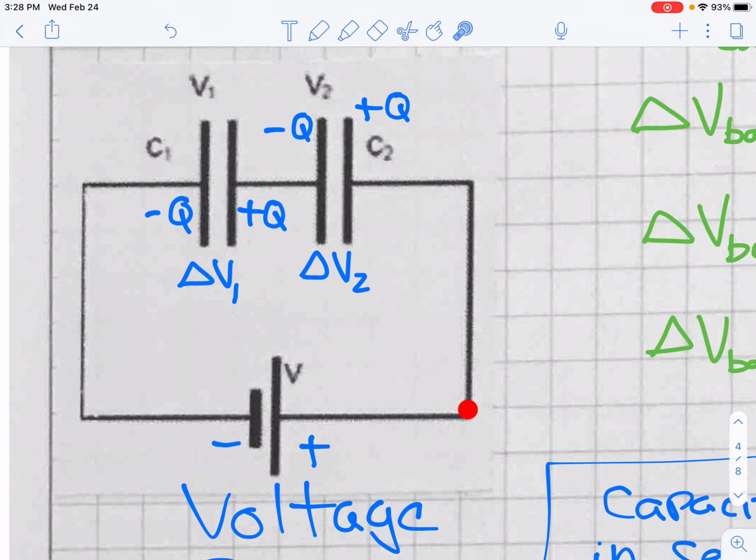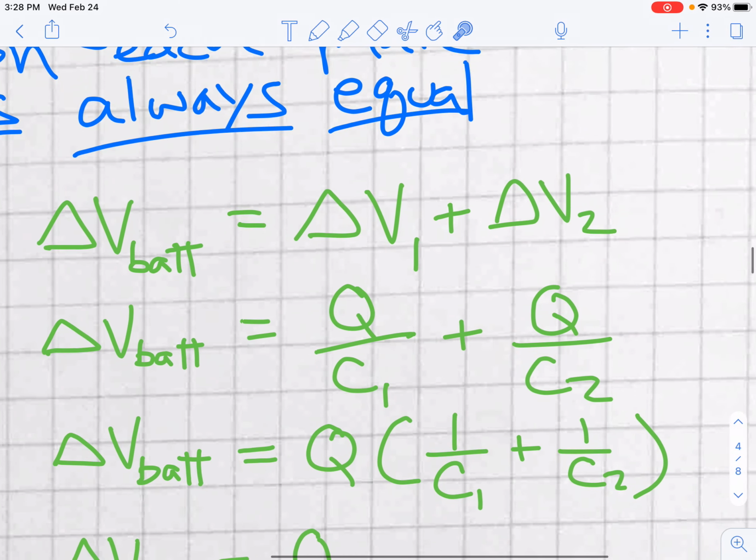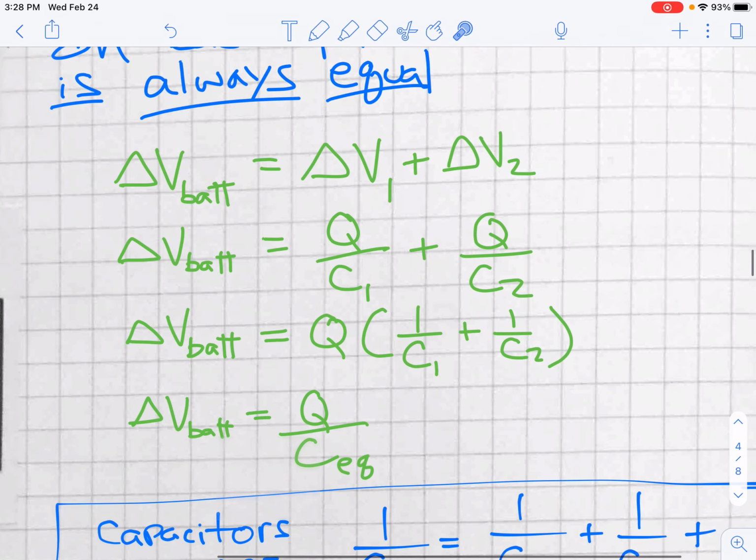This side is going to be at 9 volts since it's connected straight to the battery. So to go from the far left to the far right is going to equal the voltage of the battery. And that's also going to equal V1 plus V2. So that's what we start with here. The voltage across the battery is V1 plus V2.